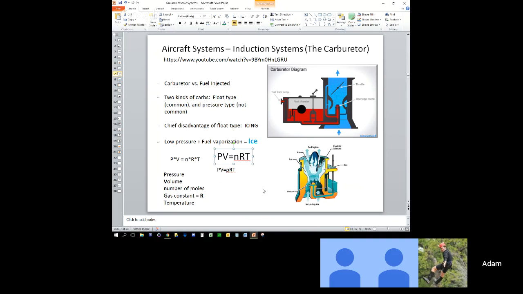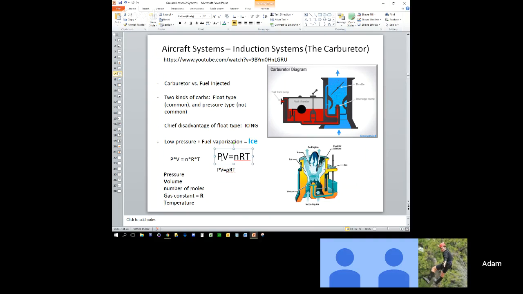We are not going to geek out too much, but you're going to use this equation everywhere in flying. We're going to use it when we talk about weather. We could have used it in the last lesson talking about aerodynamics because it definitely applies.